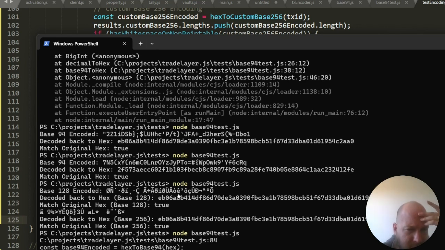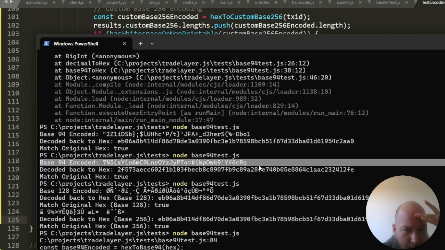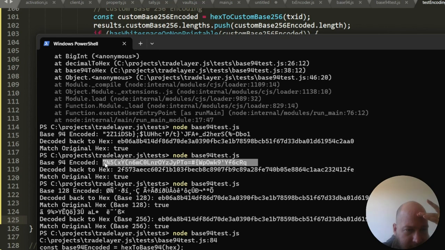And you definitely get some savings compared to base 94 on a TXID. So this is taking us from about 39 bytes to a few bytes less, about 36, 37, depending on some of the details. And then it's even better with base 256. But then what's this?